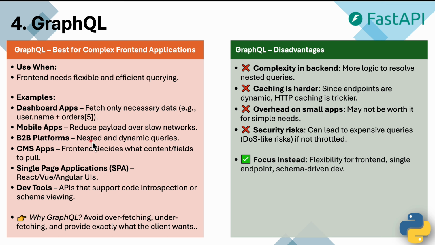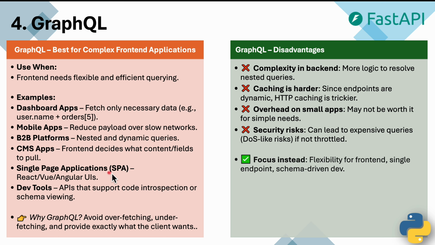B2B platforms: nested and dynamic queries can be done in B2B platforms using GraphQL. CMS apps: the front end describes what content or fields to pull in the CMS apps. So CMS apps can benefit from GraphQL.